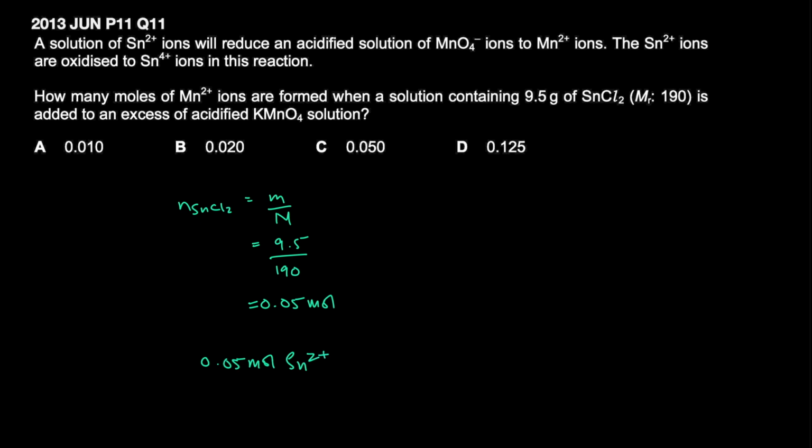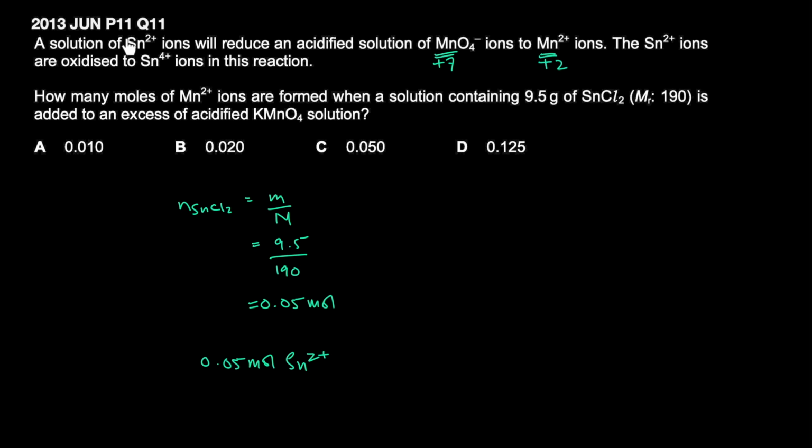Now the question is saying that Sn2 plus ions will reduce an acidified solution of manganate 7 ions. In MnO4 minus, manganese is +7, so that's manganate 7 ions. And this Sn2 plus will reduce the manganate 7 to Mn2 plus. So the oxidation number here of manganese is +2.